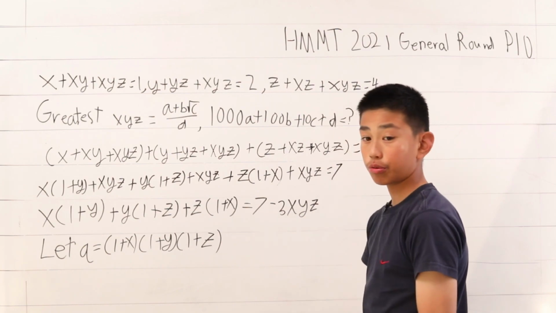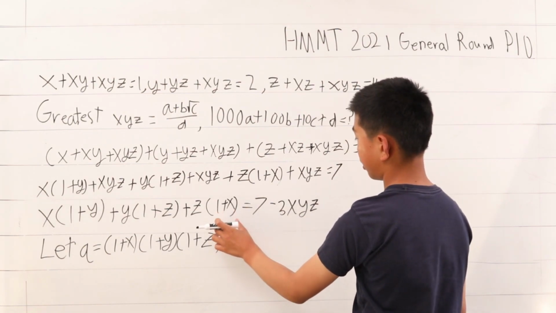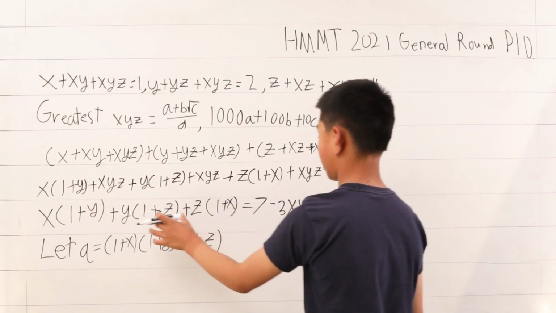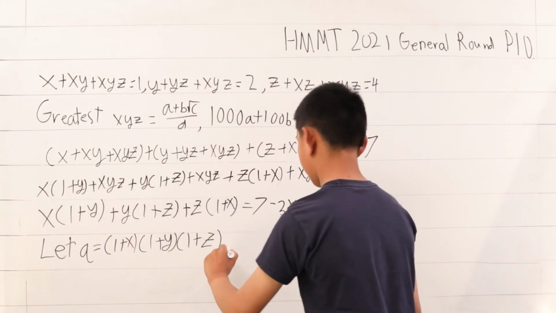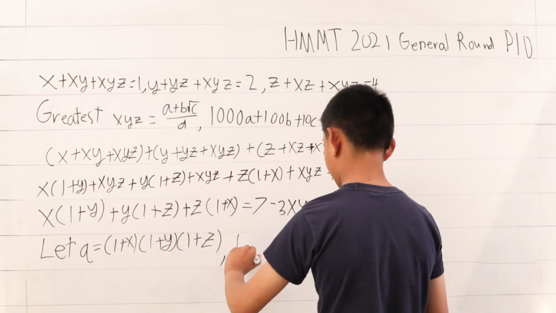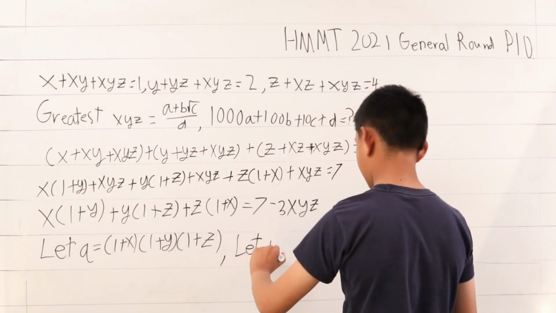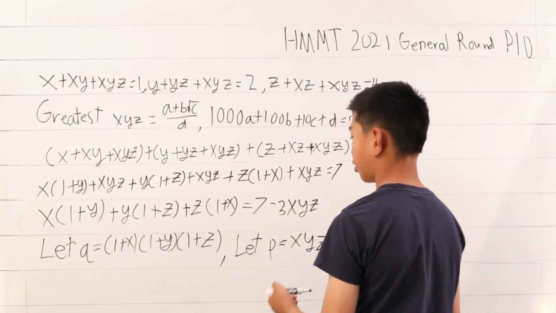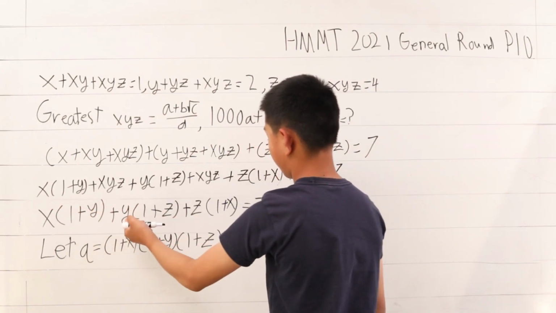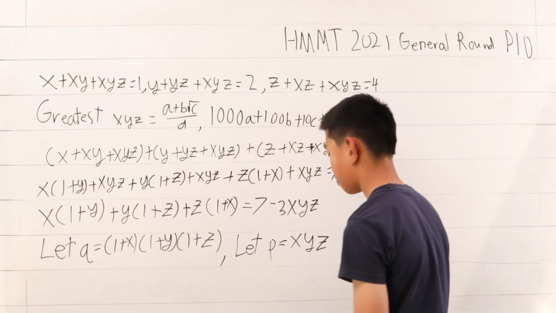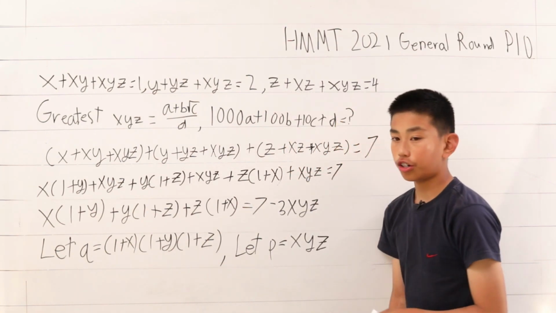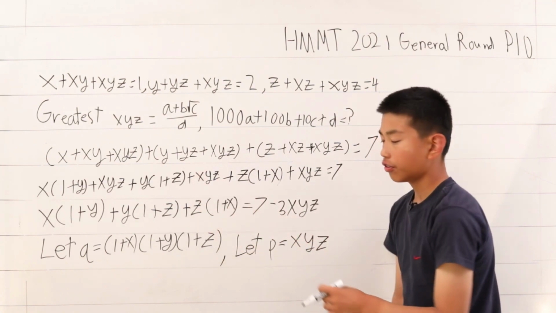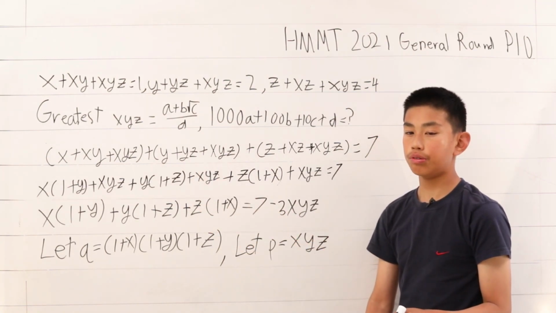So basically you multiplied all these three parentheses together. And our second one is we let p be equal to xyz, since these are the terms in front of the parentheses. So we have our two substitutions, and adding all of them up helped us find them.